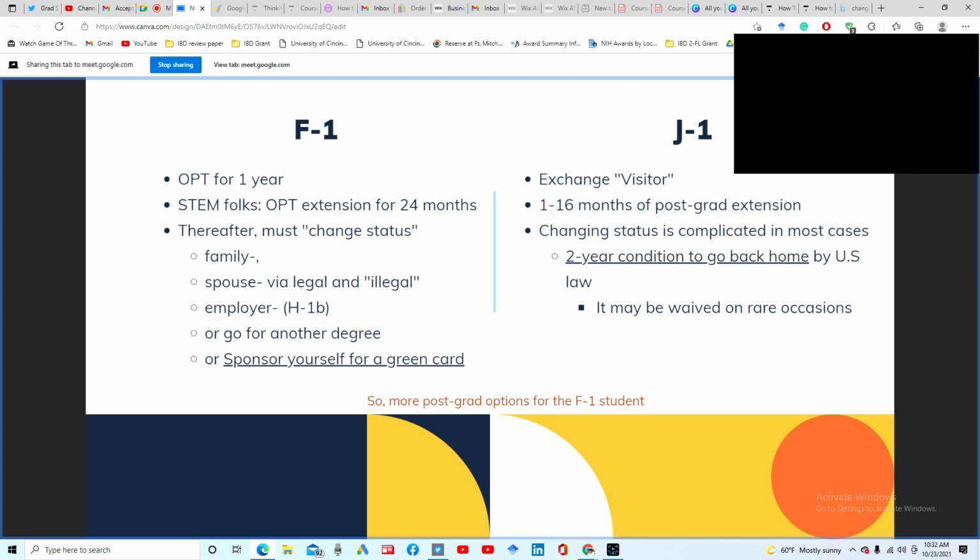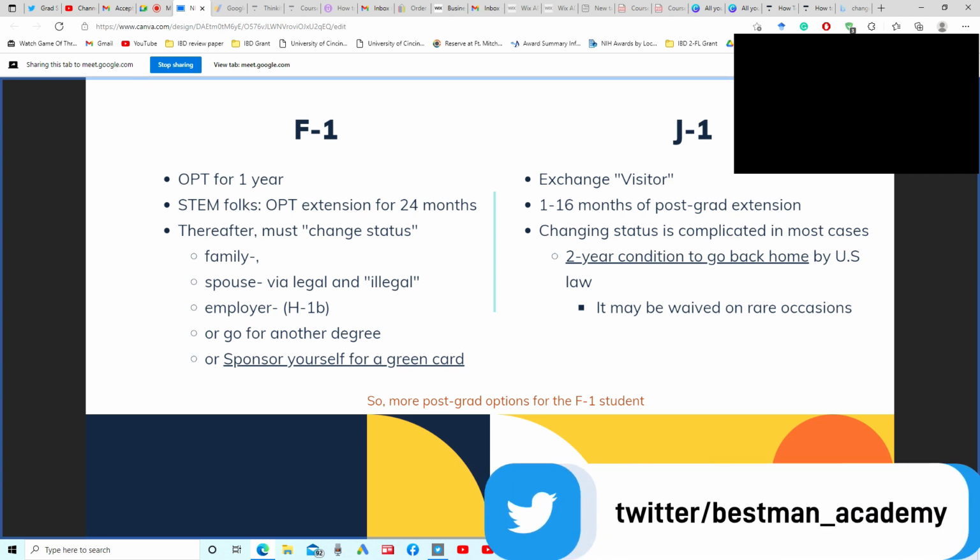Because of this condition that you have to go back home, it's written in US law that people with J1 visas are visitors and they have to go back home after their studies. So because of this, it's really rare to be able to change status.